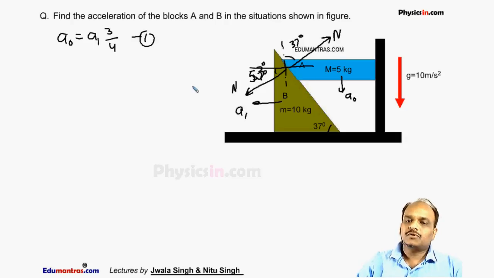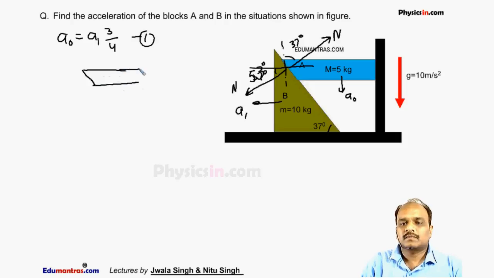Now if we draw the free body diagram of this block, the horizontal component of the normal reaction is N sin 37. The vertical component of the normal reaction is N cos 37, and the weight here is 50.